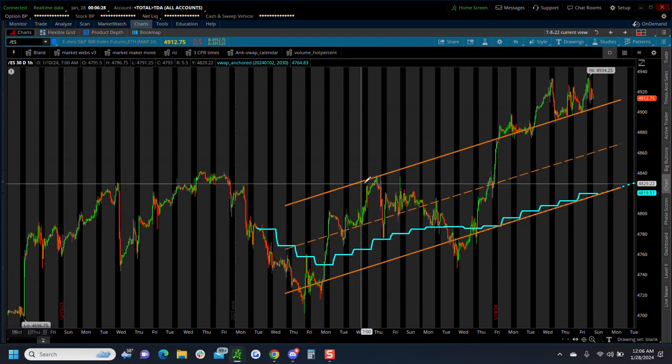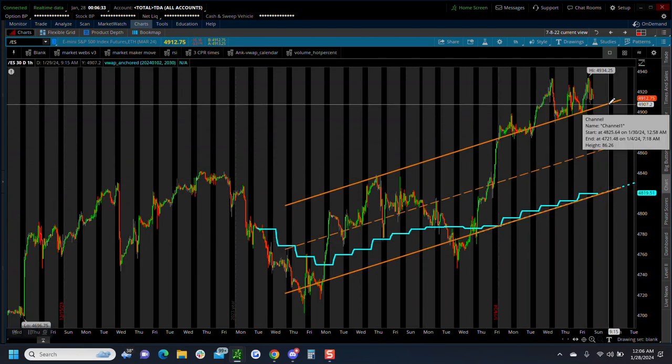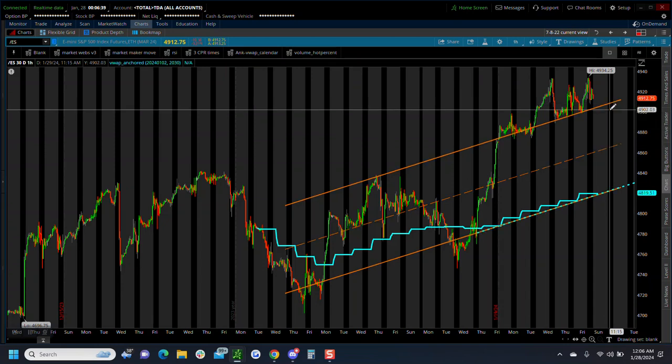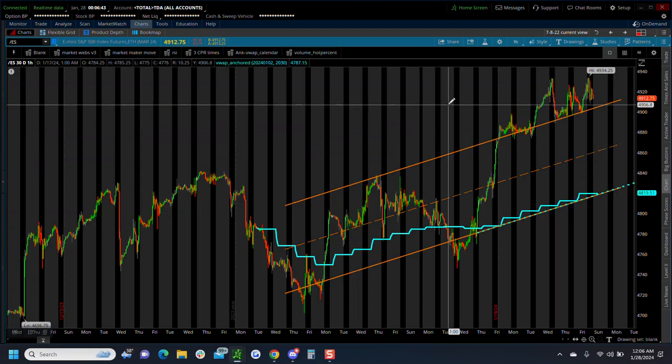See? If we come in here, pushing through Friday's lows, we could be breaking into a different trend to kick off the week. So just be very mindful of that.